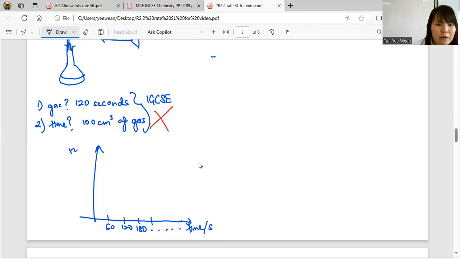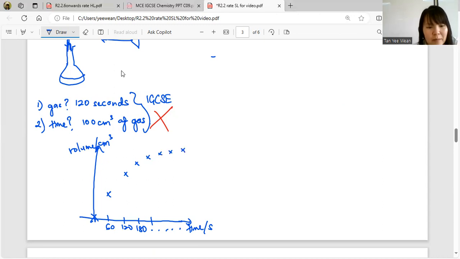And here would be the volume that you read from the gas syringe. So originally, there was no gas in the gas syringe. And after, say, 60 seconds, you read the gas syringe. After 120 seconds, read the gas syringe. After another 60 seconds, read again, and again.